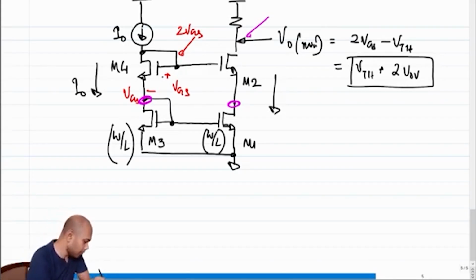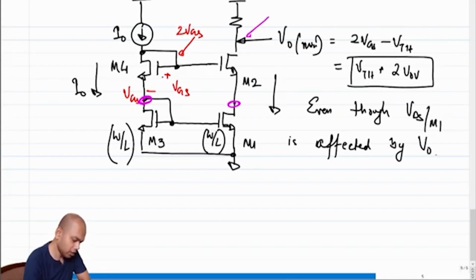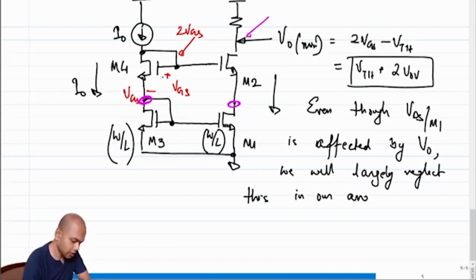So even though VDS of M1 is affected by V naught, we will largely neglect this in our analysis, right?